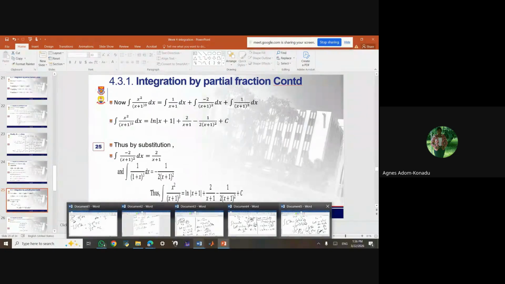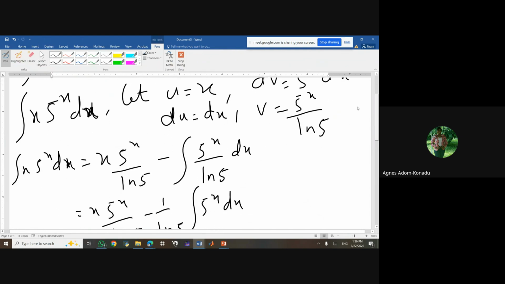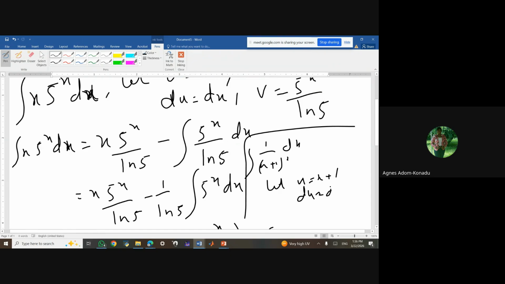So if I have the integral of 1 over (x plus 1) to the power 2, I will let u be equal to x plus 1, du be equal to dx.